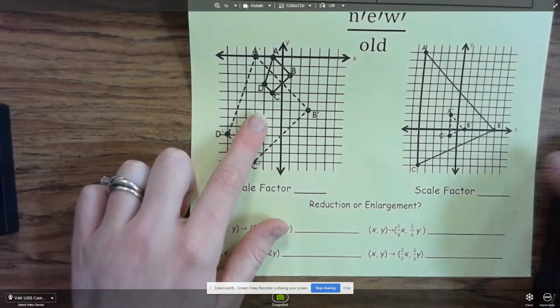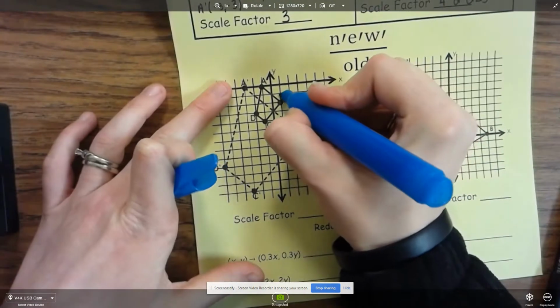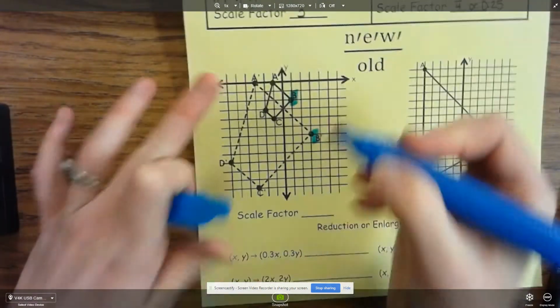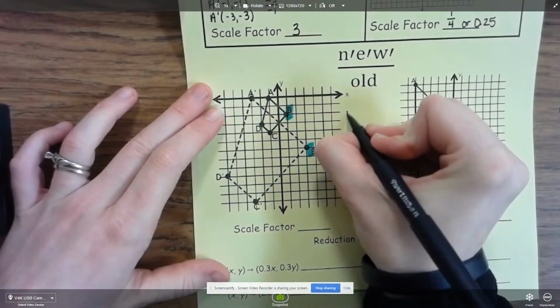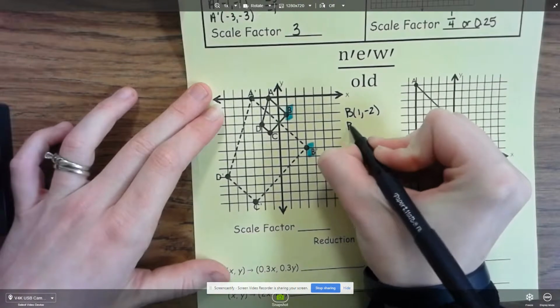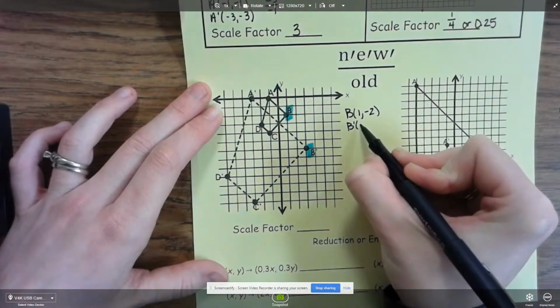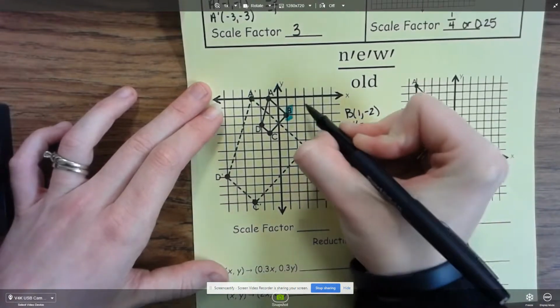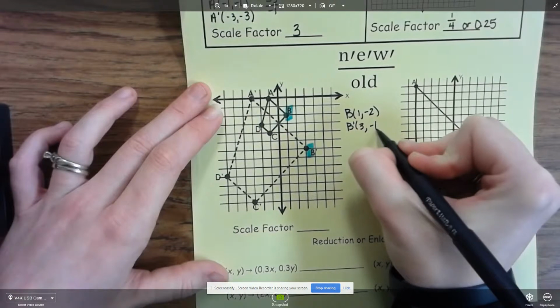All right, so here we've got another one. So let's do point B on this one. So B is at 1, -2, and B prime is at 3, -6.